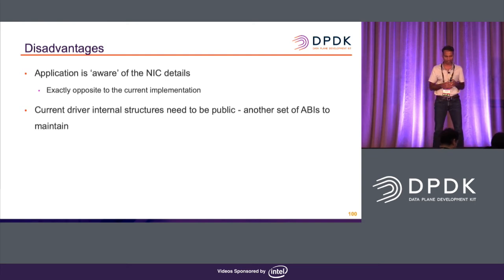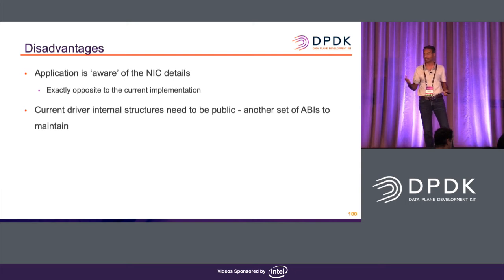I see that some of the internal structures which are currently internal to the drivers need to be made public, which adds the burden of maintaining another set of ABIs. What that means is you might not be able to update your drivers as frequently as you do today.